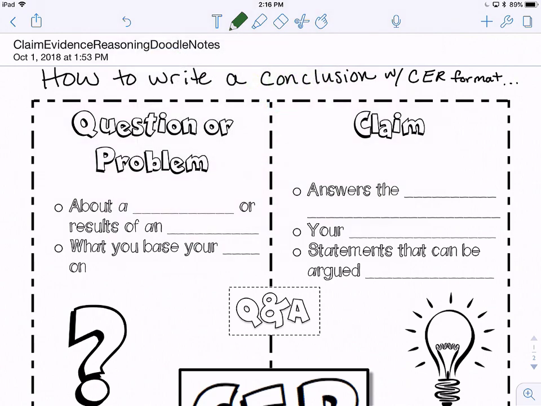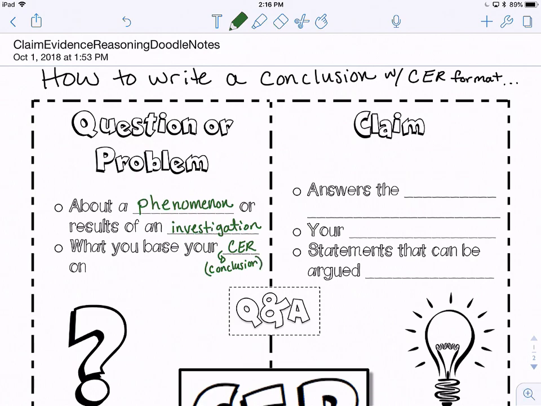So you have to start with the question, the problem. Generally this question or problem is going to be about a phenomenon or the results of an investigation. It's what you base your CER, your conclusion, on.